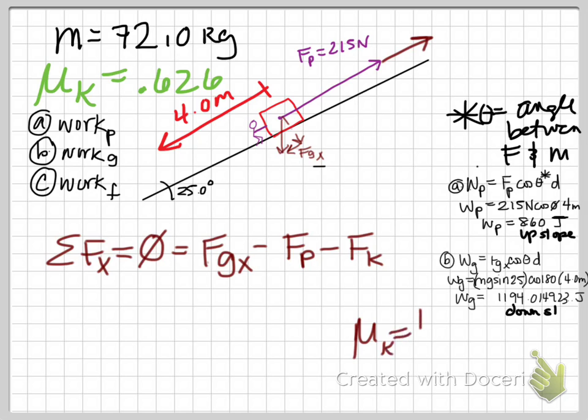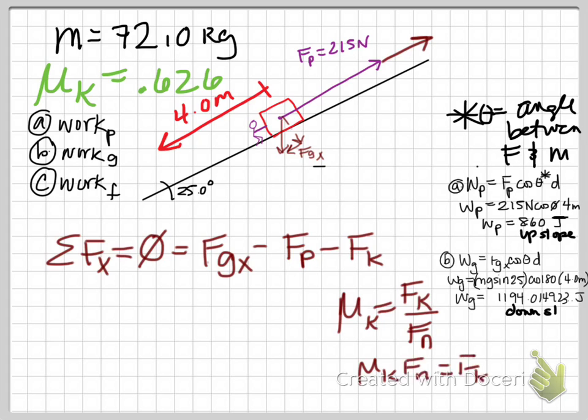Mu k equals fk over fn, so mu k fn equals fk. How do I get my fn? Oh, I have to do another sum of forces. Sum of forces equals 0 equals fn minus fg. Fn equals mass times gravity.